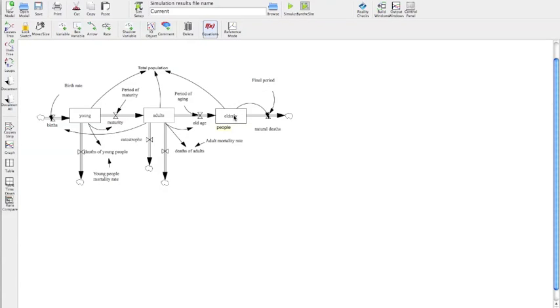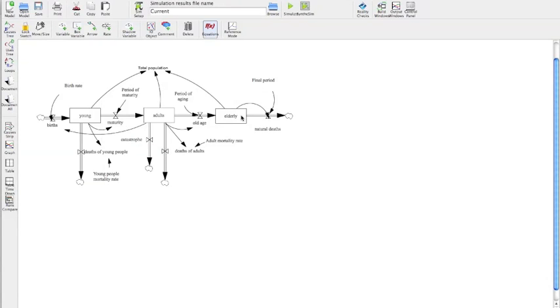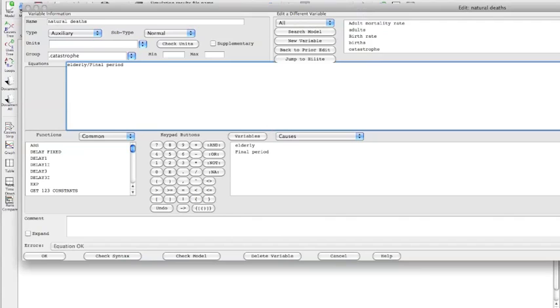Then if we look at the elderly, the elderly are fed by aging adults, and then are decreased due to natural deaths. The natural deaths are driven by a so-called final period. Let's take a look at that variable. Final period, it's a period of years.